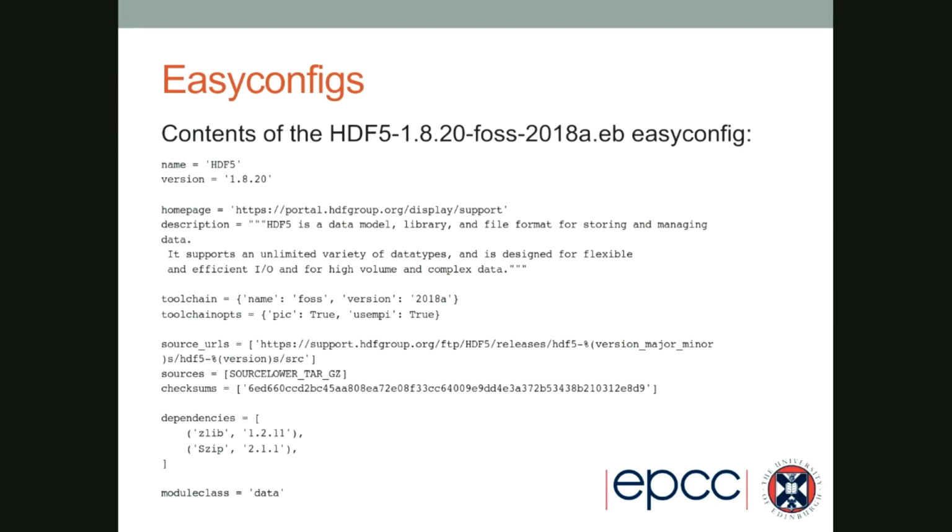And this is how EasyBuild resolves the dependencies. You can modify this if you like to use external software as well. And at the bottom, moduleclass data just says when you create the module file, you can stick it in a data directory, so it keeps the modules it generates quite tidy.